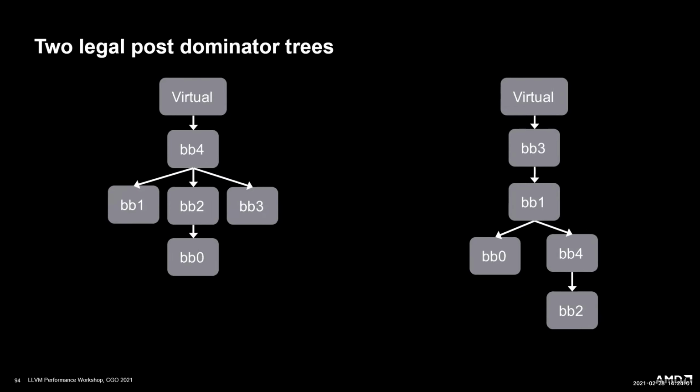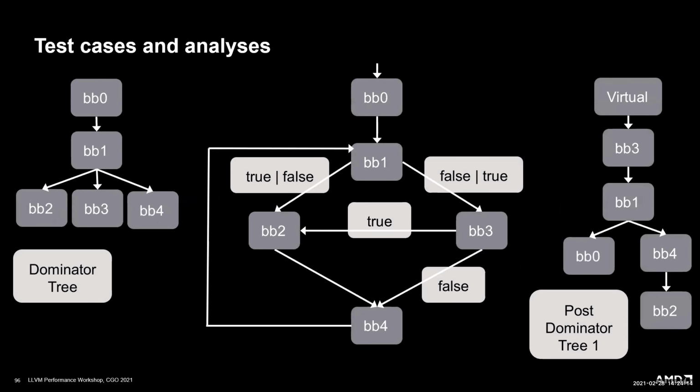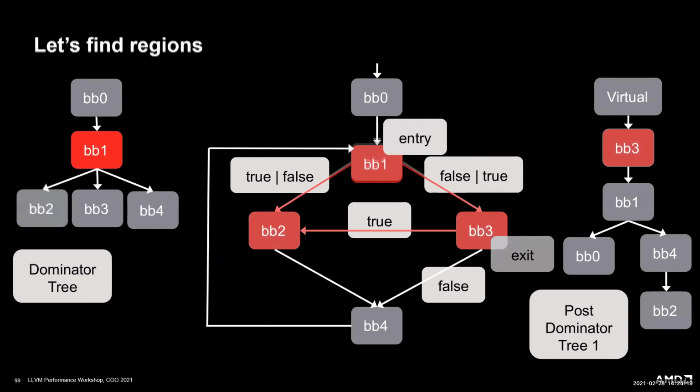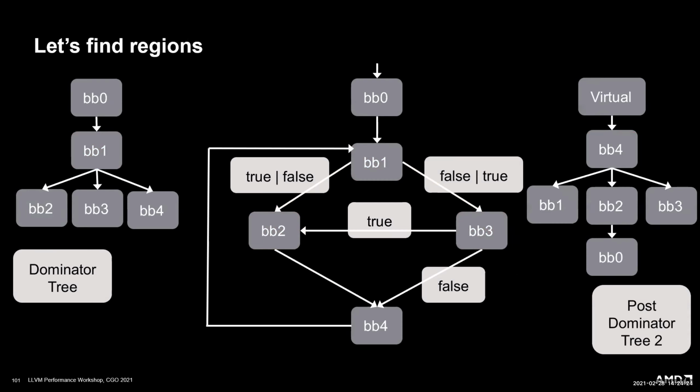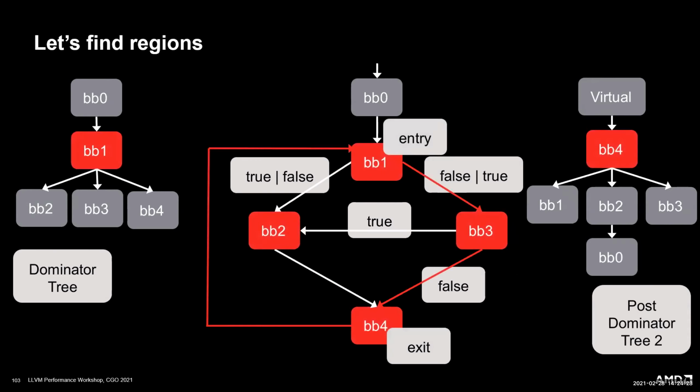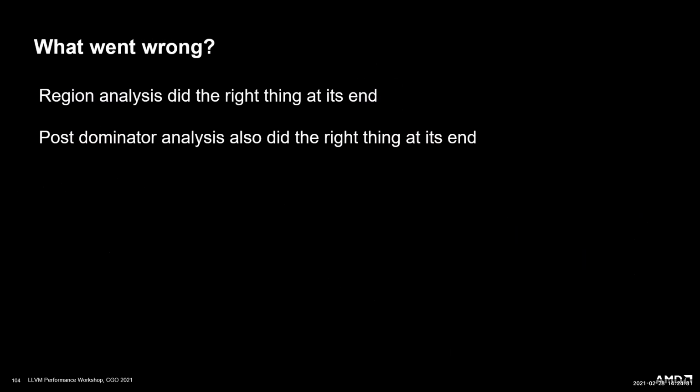And the way the region info pass uses post-dominator trees is the reason it missed a region. In the next few slides, I would walk through how it missed a region for one test case, and how it was able to figure out a region for the other one. Okay, but let me reach a conclusion.